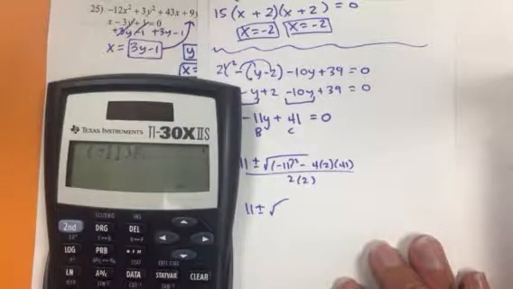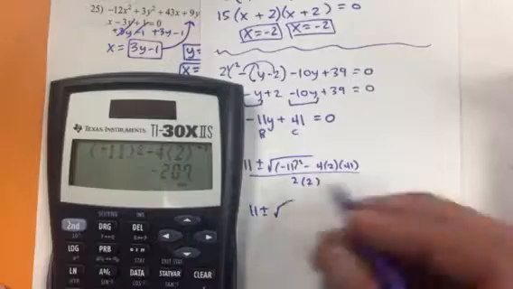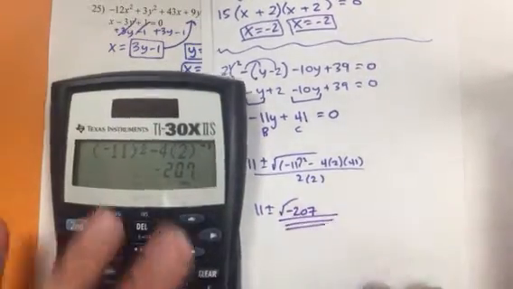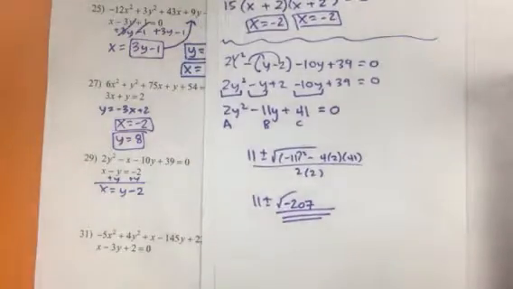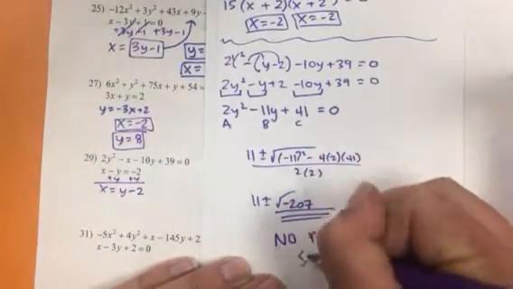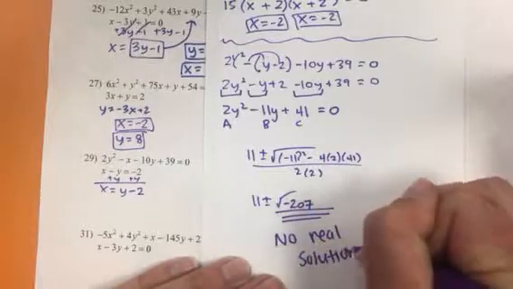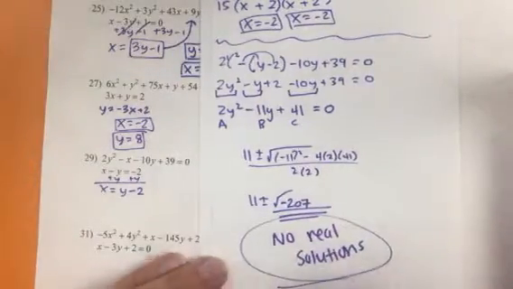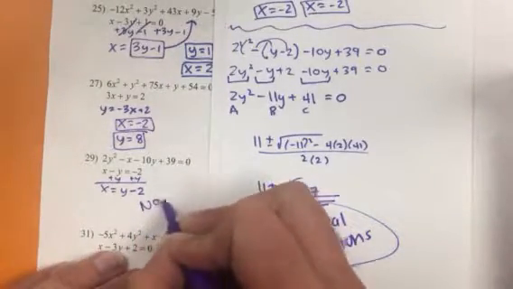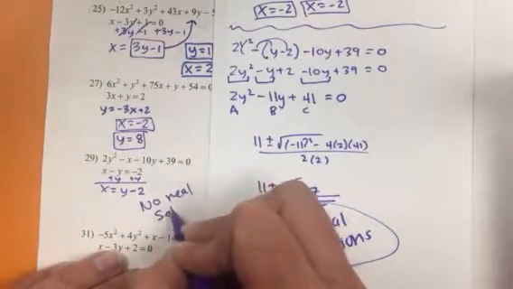Negative 11 squared minus 4 times 2 times 41 equals, what happens when you have a negative inside a radical? There are no real solutions, so you're going to be done. So for 29, there are no real solutions.